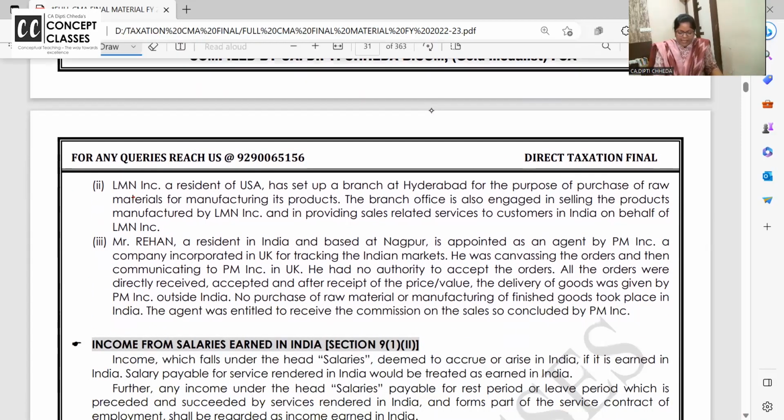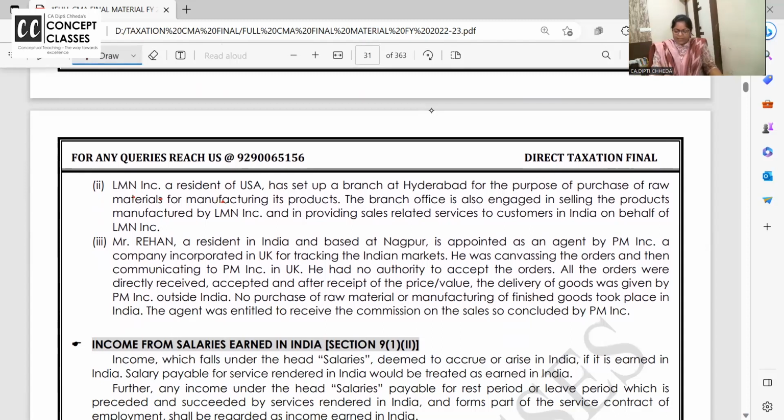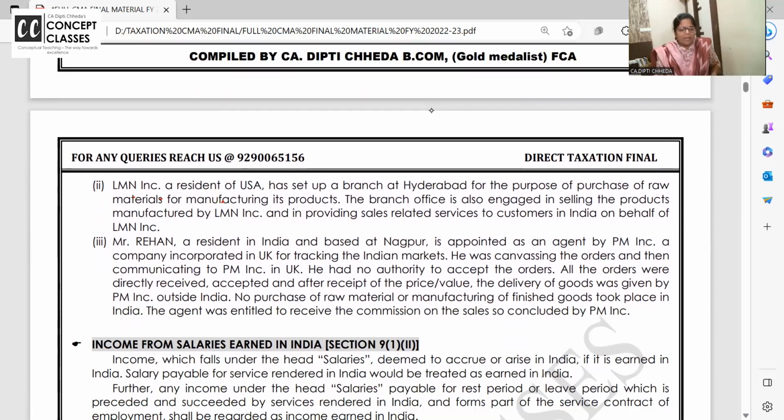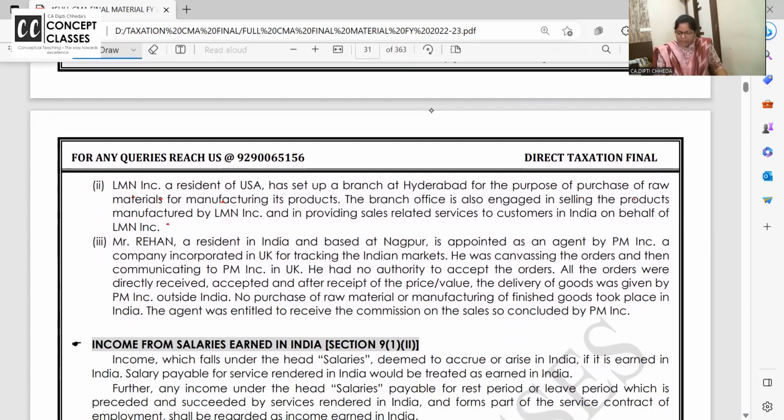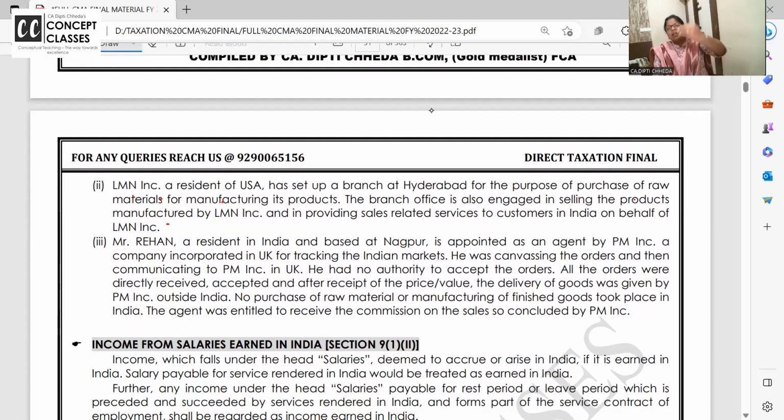Okay. Now this is LMN, a resident of USA. They have set up a branch in Hyderabad for the purpose of purchase of raw material. अच्छा, सिर्फ purchase करके गए तो it is not having a business connection and it does not have to pay tax in India.